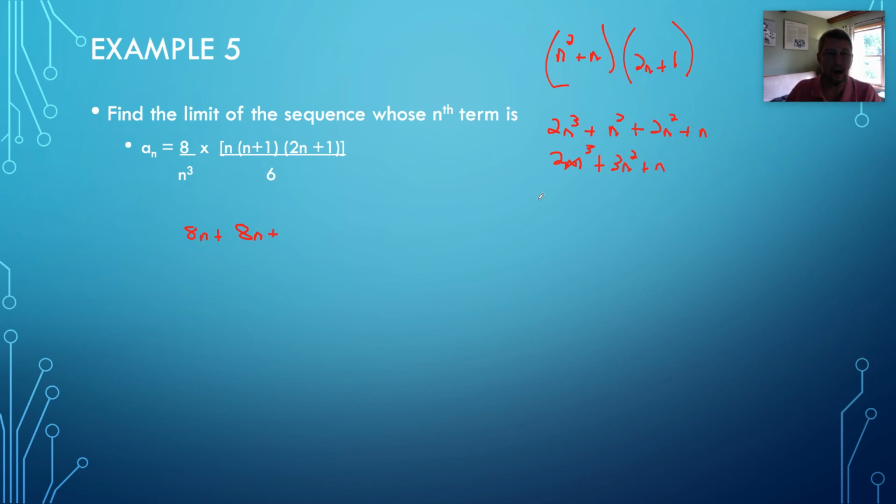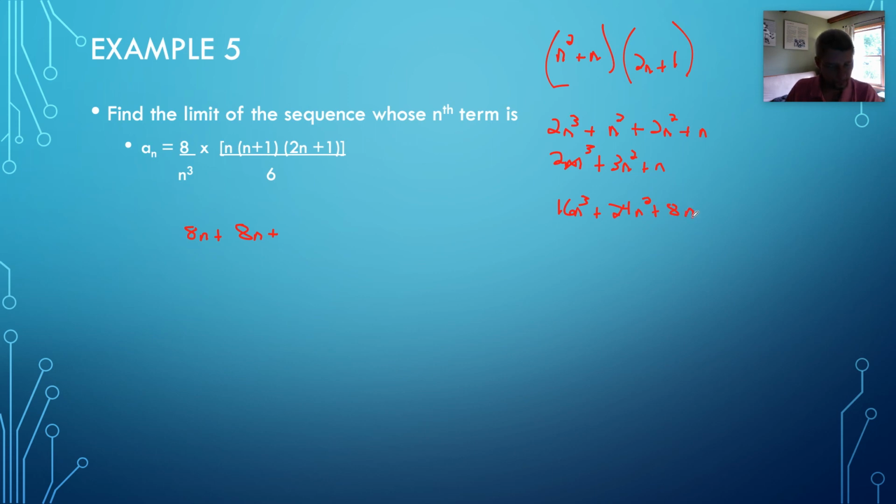Now I'm going to multiply that by 8, and that's going to give me 16n cubed plus 24n squared plus 8n.